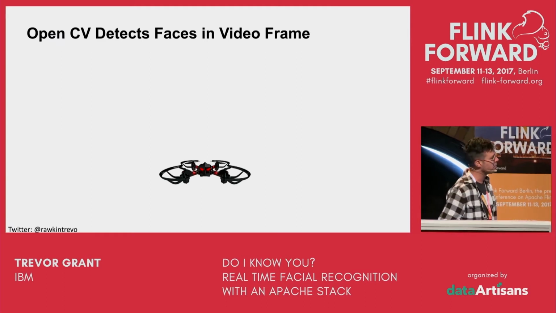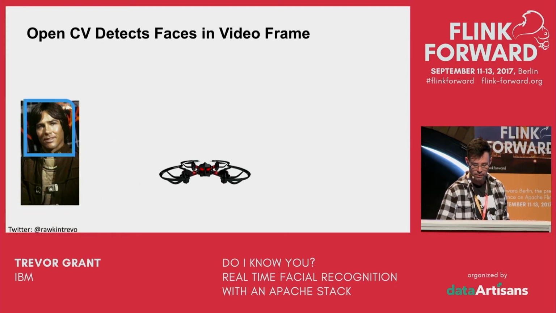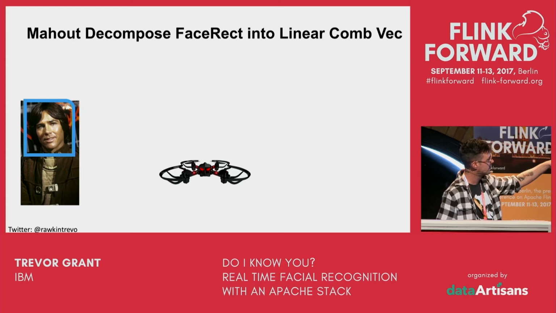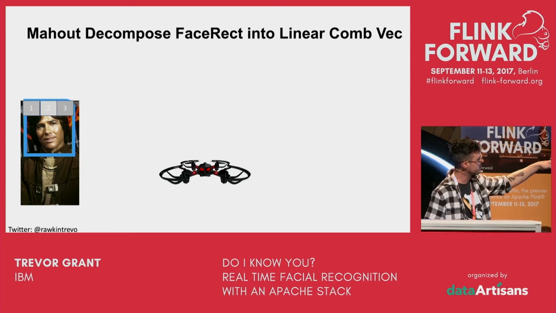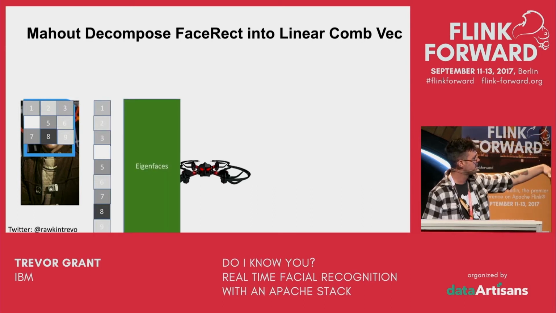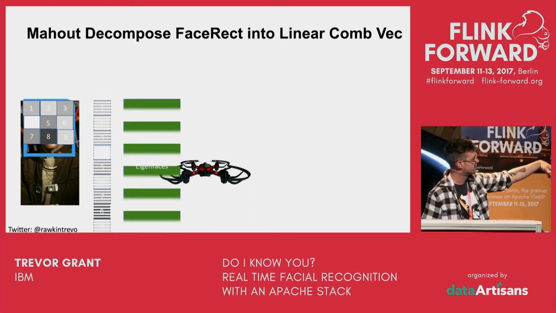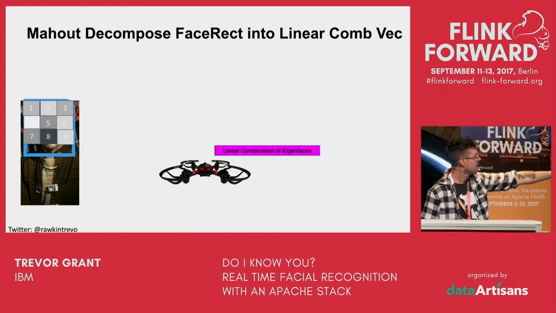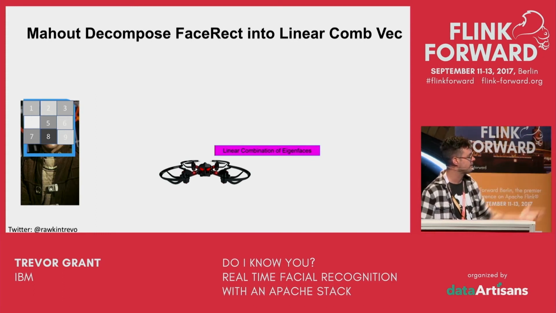So, to go through my little animation from earlier again. Drone comes up, face comes up, we detect the face, decompose the face into grayscale. I really got carried away with these animations. We have a linear combination now of our eigenfaces.